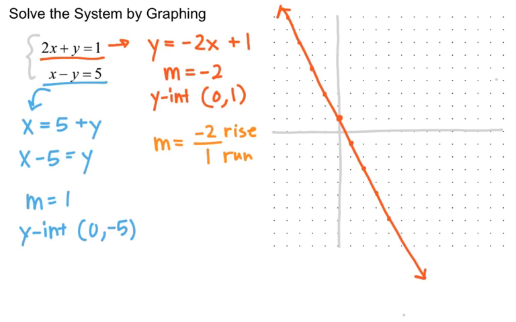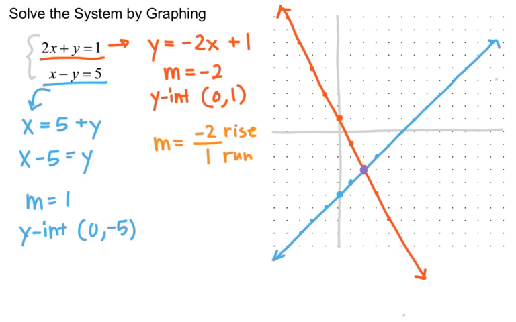So I'll count down 5 units, and then I will travel up 1 over 1. And you'll notice, since I'm plotting all of these points on these little dots or crosshairs, if you will, that we can see exactly that point of intersection, or the solution to the system of equations.